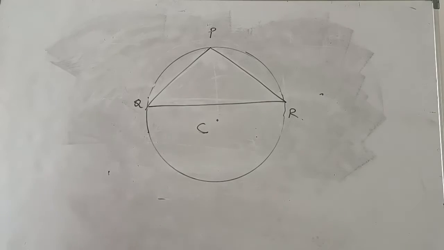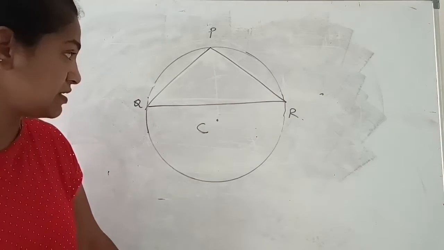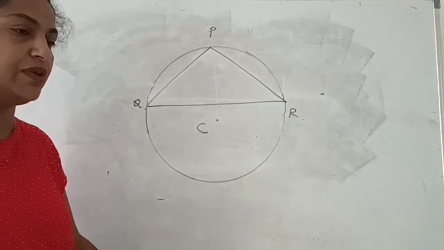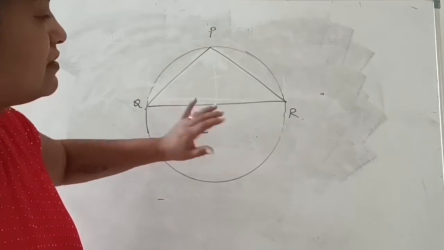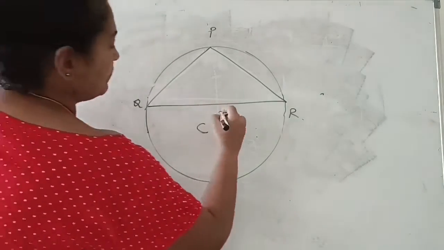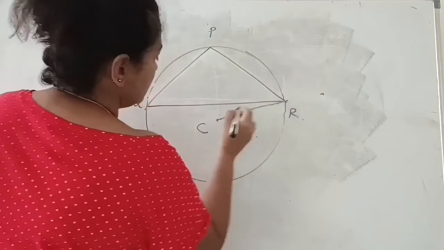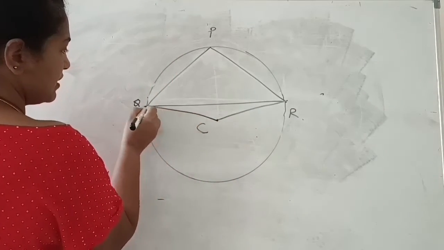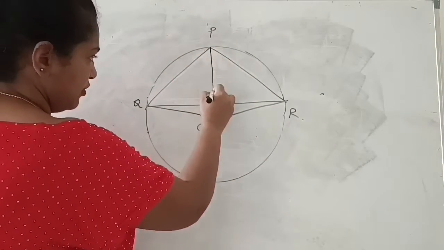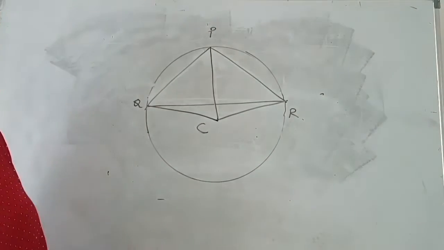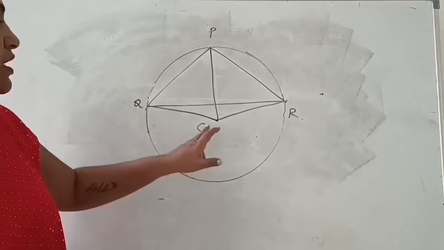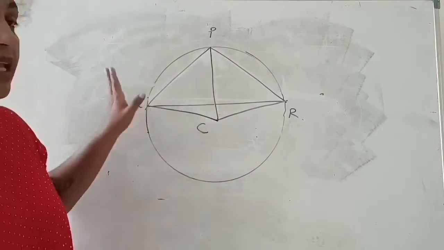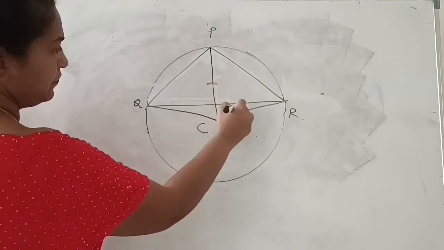Now I have here an obtuse angle triangle which is triangle PQR, and as I have mentioned, the circumcenter of the triangle lies outside the triangle. Now there is a circumcircle, so I have to have a circumradius. If I join the circumcenter to all the three vertices of the triangle, I get the value of circumradius. So CR is equal to CP is equal to CQ.